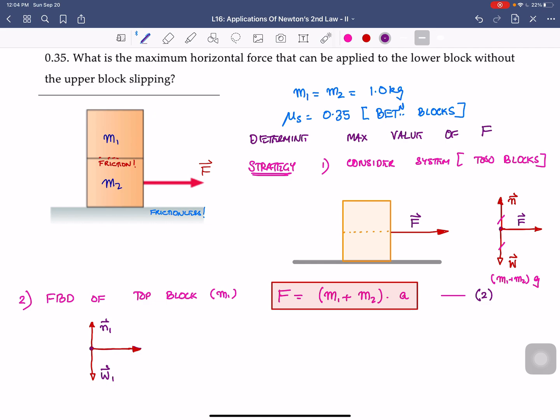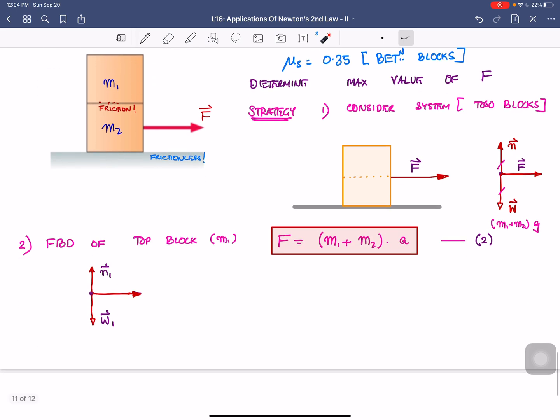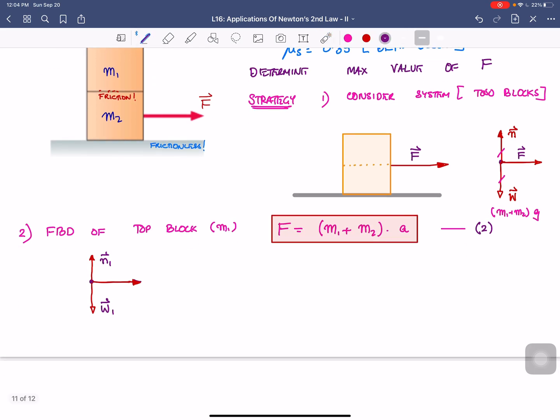And since we are talking about the maximum acceleration that these two blocks can have, it's the maximum possible force that can be applied so that these two go together. It means that the force of static friction acting between these two surfaces is in fact the maximum force of static friction. So this force here is Fs max.